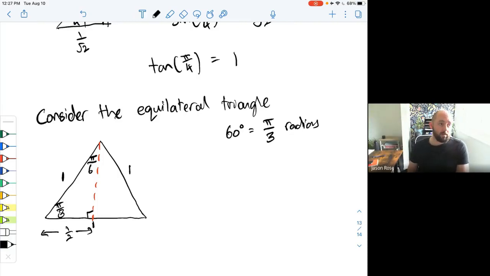And the length that we don't know, let's call it A. I don't know how long the bisector is. It's bisected the line at the bottom, so we have a half on one side, we have 1 as the other thing. So let's quickly solve for A using Pythagoras' theorem.